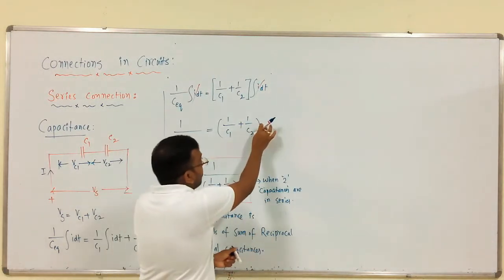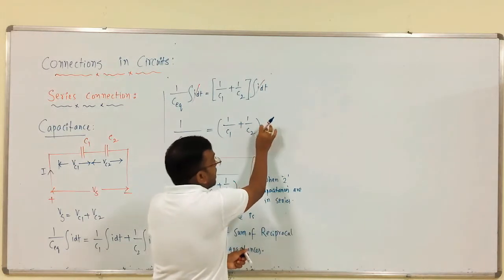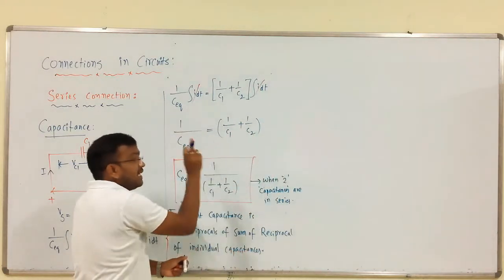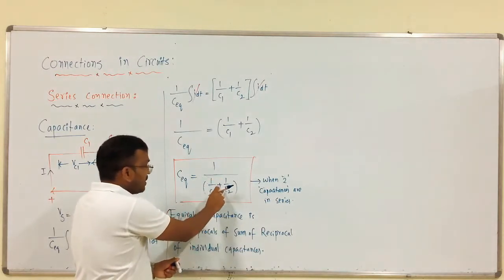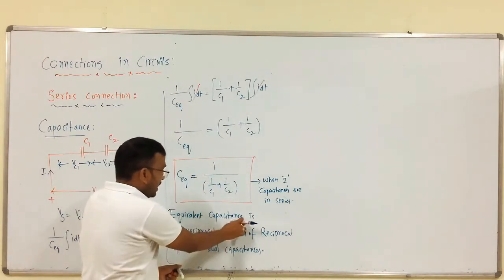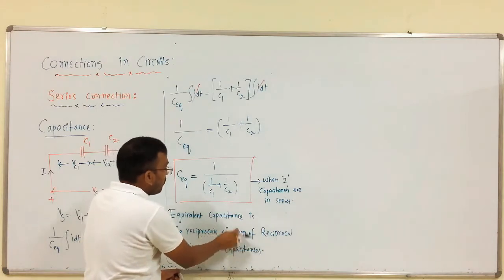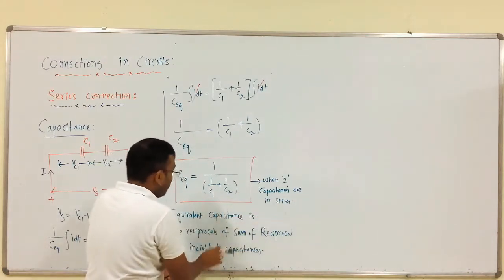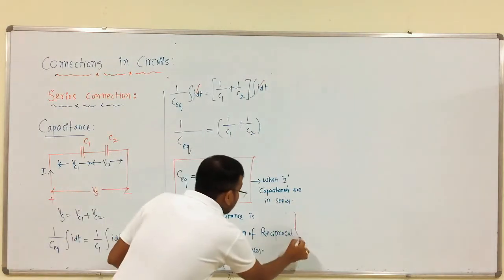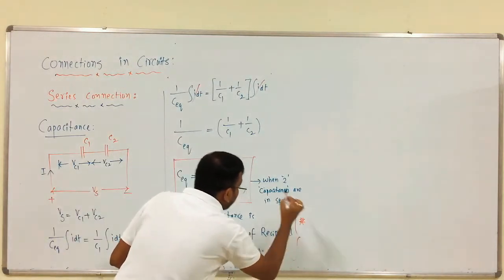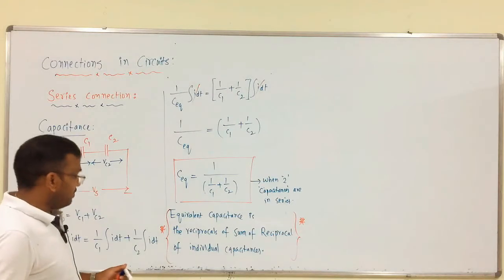That is for 1 by C equivalent, but C equivalent is the reciprocal of the sum of reciprocals of individual capacitances. This statement is very important. Okay. Clearly observe the statement.